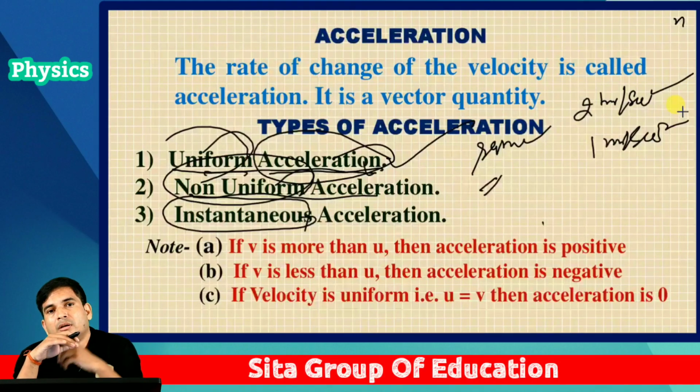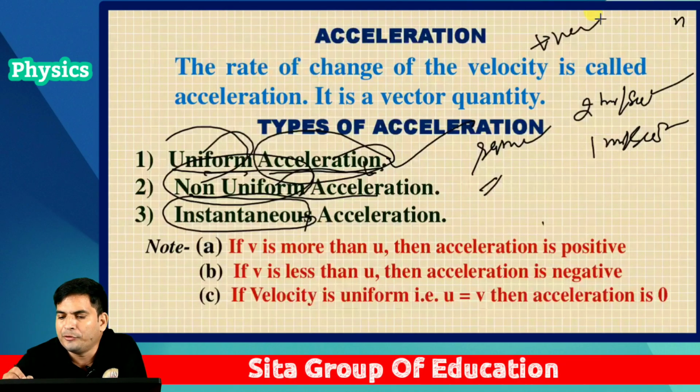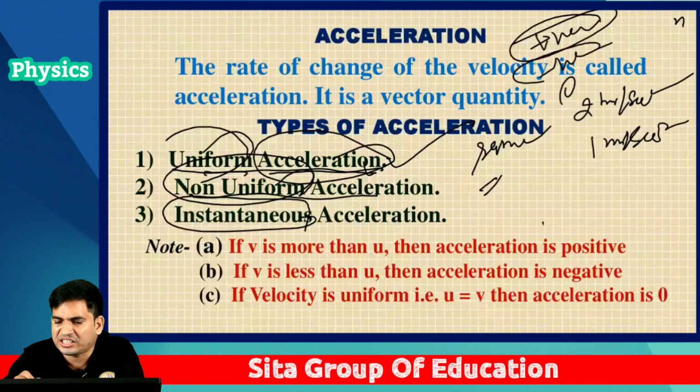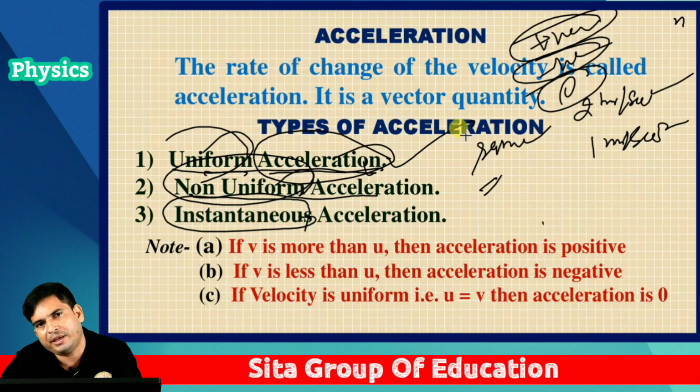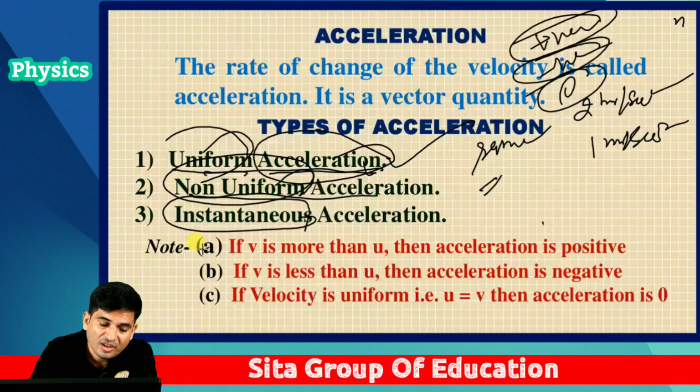Now, in your syllabus you have heard about different types of acceleration. We have positive, negative, and 0. In which case can acceleration be positive, in which case negative, and in which case 0? Listen.